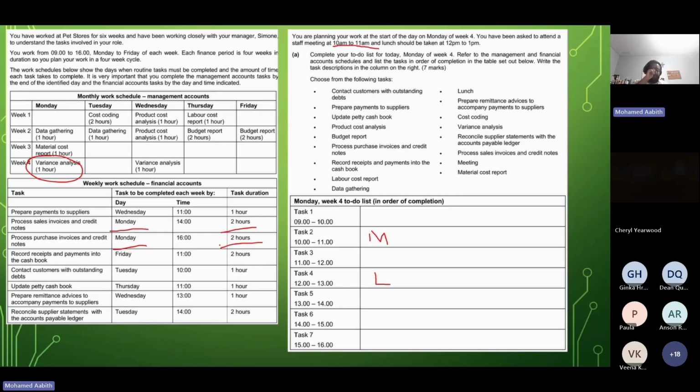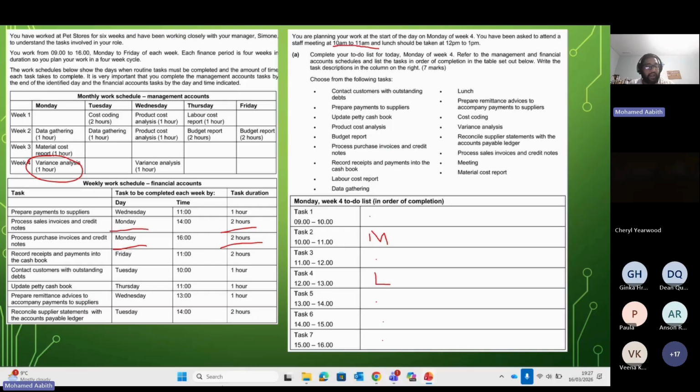So there is a dilemma for me, because I can do this in one go, or should I split it? Because can you see here, there are gaps, because these two will not fit 2-hour slots on consecutive time. Because of the meeting, some of the tasks have to be reapportioned. But we also have to remember the time we take for that variance analysis is only 1 hour, and there is no deadline like these two.